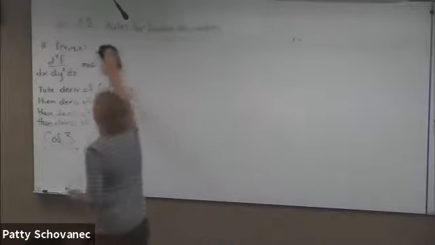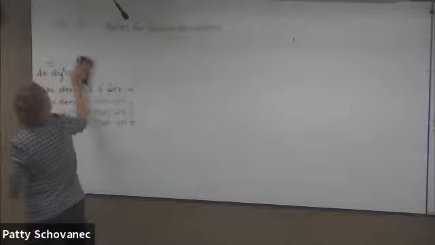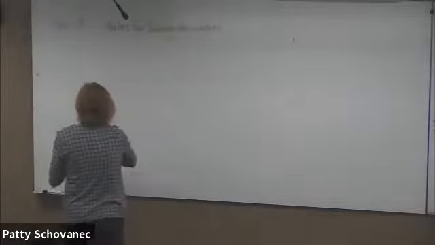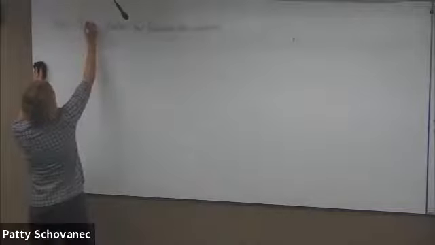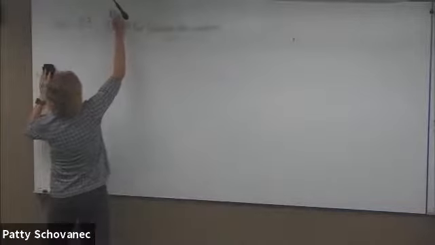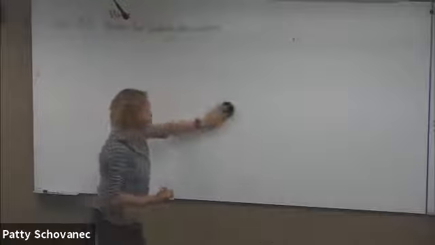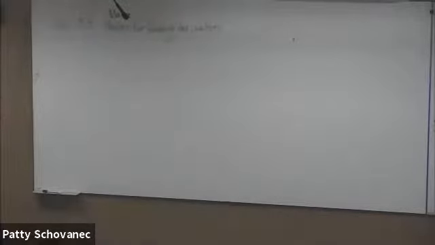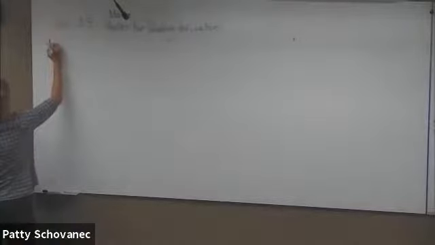All right, so here's some more rules for finding derivatives, and it's in section 3. More rules for finding derivatives. Okay, so we have 6 trig functions. First one, sine of x.